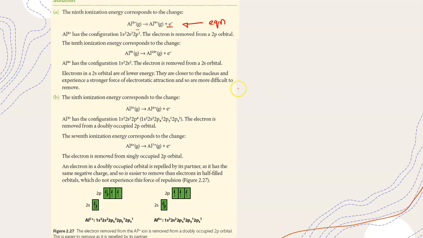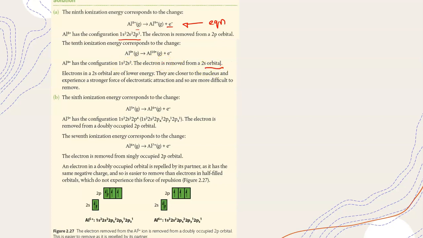They have then given the configuration for the ion. So this is showing that it has a 1s2, 2s2, 2p1 after losing the number of electrons. Then the electron is removed from the 2p orbital. Okay, and then when we look at the 9 to 10, we can see here that the ion is a 1s2, 2s2, so the electron is removed from the 2s orbital.